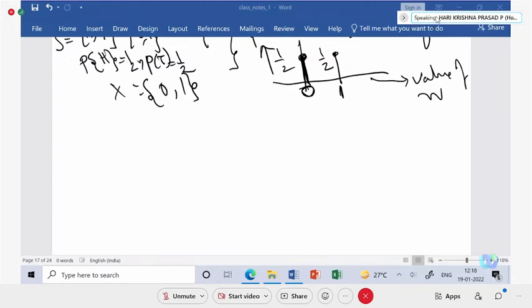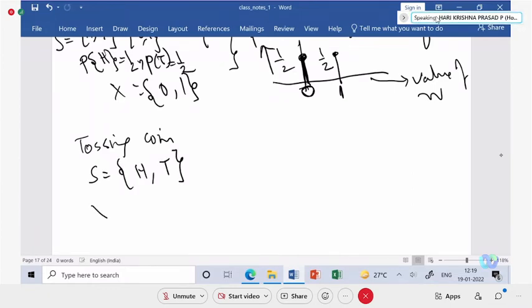I will repeat the explanation. I am considering the example of tossing a coin. Whenever I toss a coin, the sample space has two possible outcomes, head or tail. From the concept of random variables, I have represented head by 0, tail by 1.